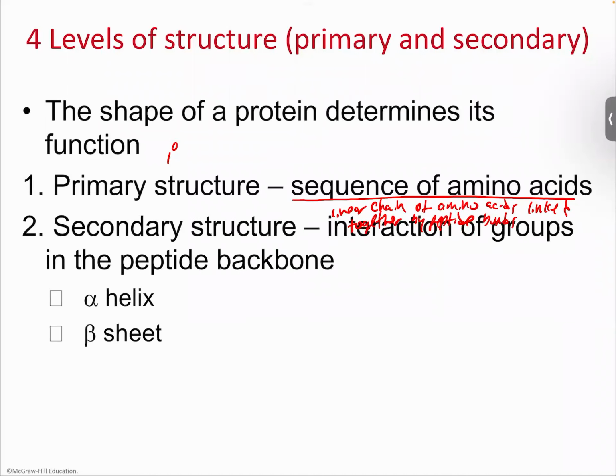Now then, let's move to the secondary level of structure, oftentimes written as 2 degree. What happens in the secondary level is basically the backbone hydrogens and oxygens begin to interact and form hydrogen bonds.